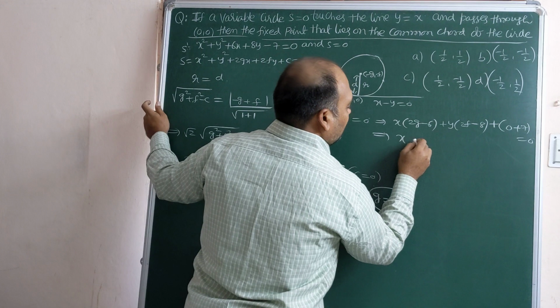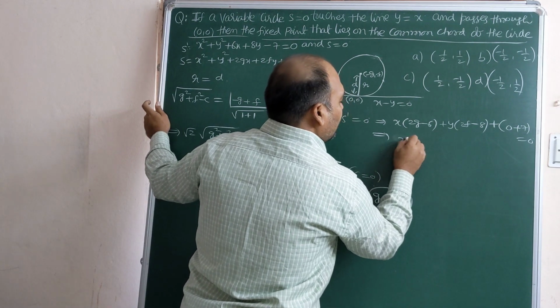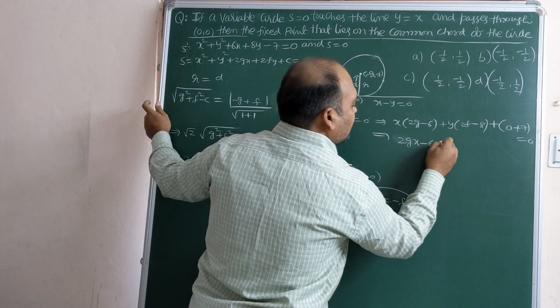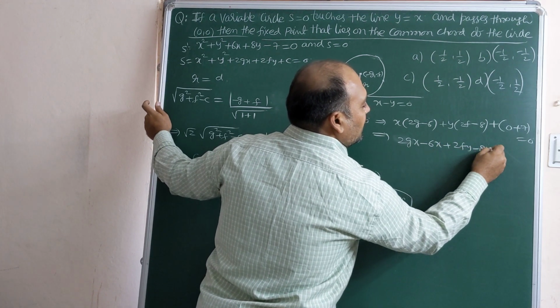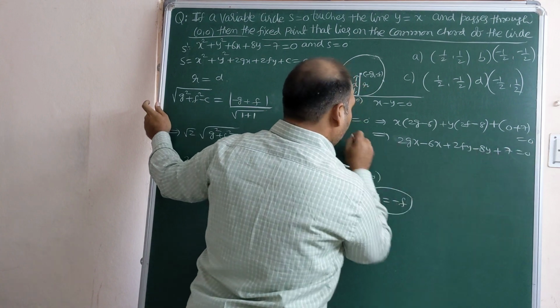So 2gx minus 6x plus 2fy minus 8y plus 7 equal to 0.